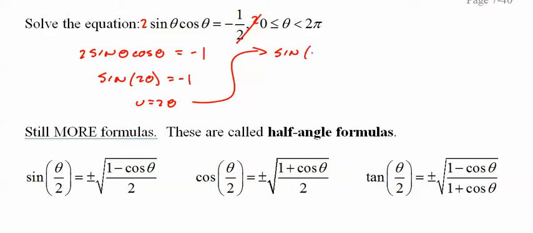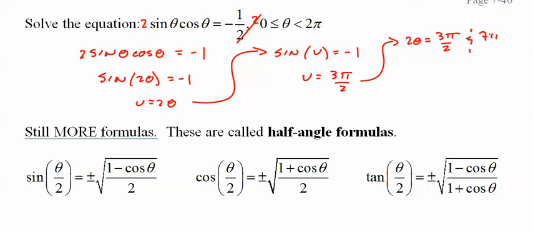Where does sine of u equal -1 when u equals 3 pi over 2? 2 theta equals 3 pi over 2. We better check 7 pi over 2, the next one down the pipe just in case. Theta equals 3 pi over 4 and 7 pi over 4. They are both inside, so we are good to go.